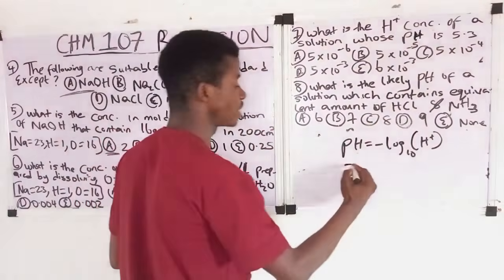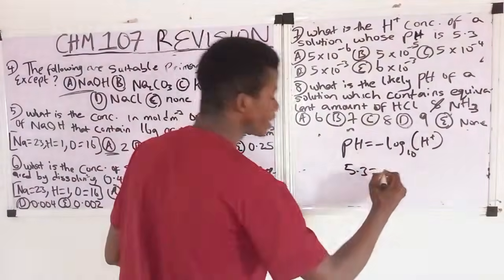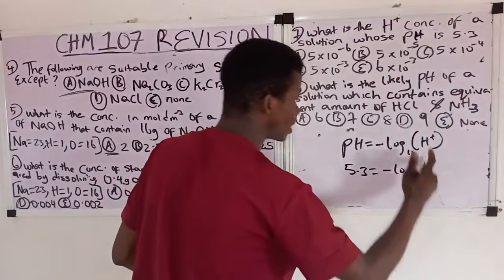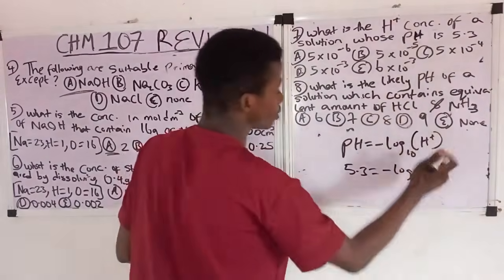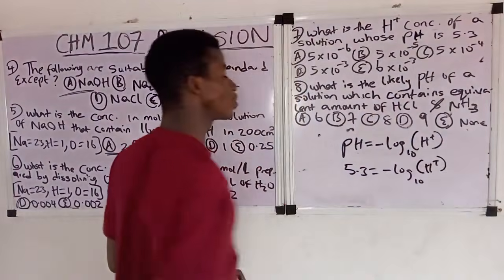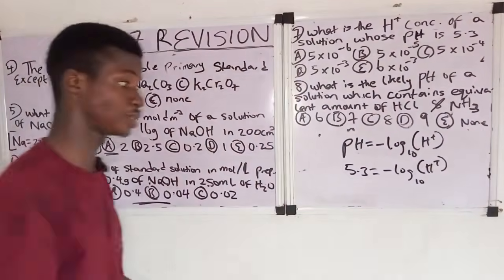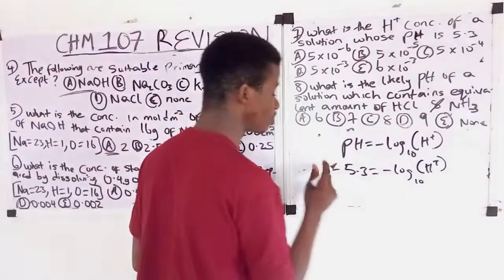The pH is 5.3, so minus log base 10 of the hydrogen ion concentration. We're looking for the hydrogen concentration, which we don't know. So multiply both sides by minus.